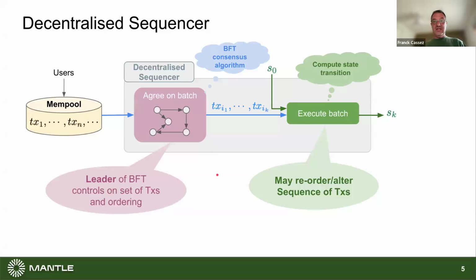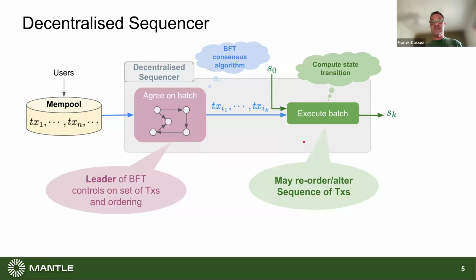Another thing that can happen in most of the architectures I've seen so far, including decentralized and shared sequencers, is that there's some decision on which transactions are selected, and then a proposal of an order of the transactions, and it's then sent off to an executor that's going to execute the batch, but there's no verification that the module in charge of executing the transactions has executed them in the order that was sent to it.